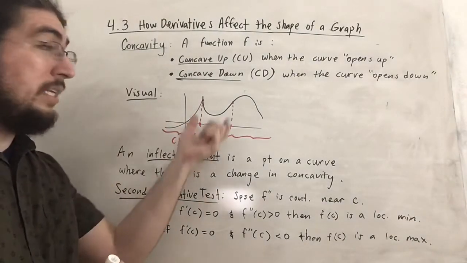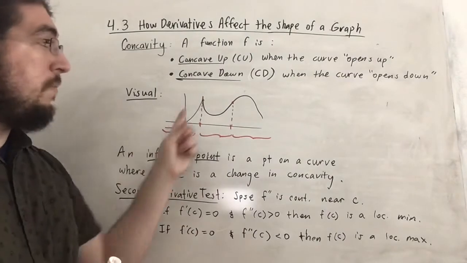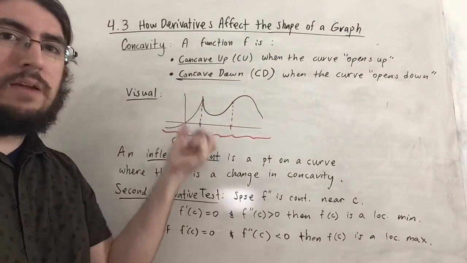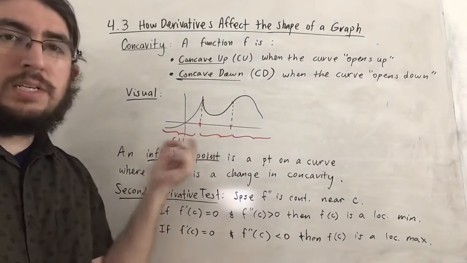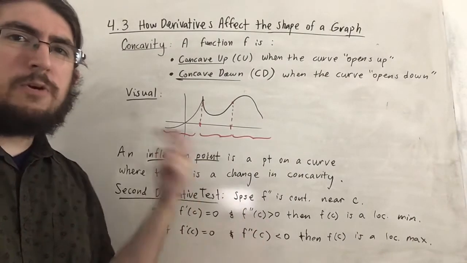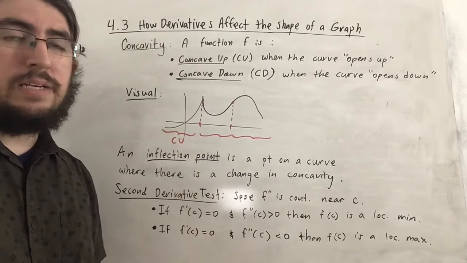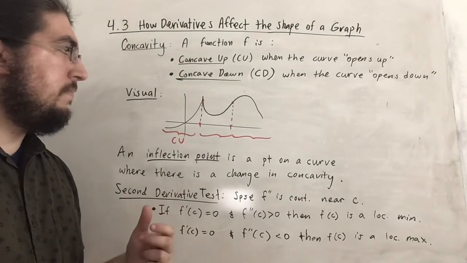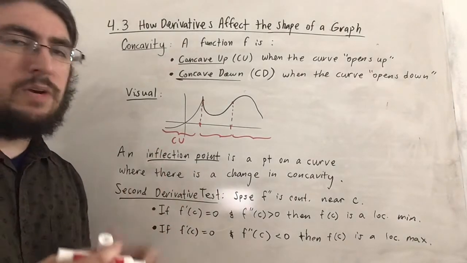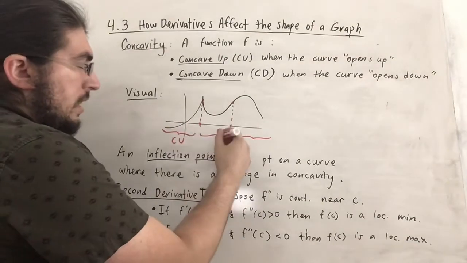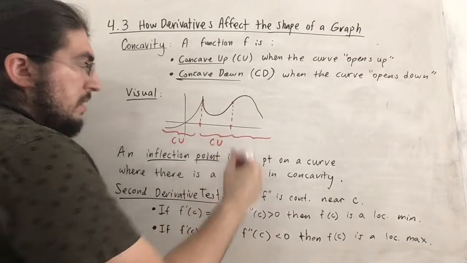Here in the second one, it's also concave up. So even though we pass a max, it doesn't actually affect the change in concave up, kind of like how with decreasing and increasing, they did change at a max, but concavity doesn't change. Well, it can, but generally it doesn't. Anyways, this is concave up still.